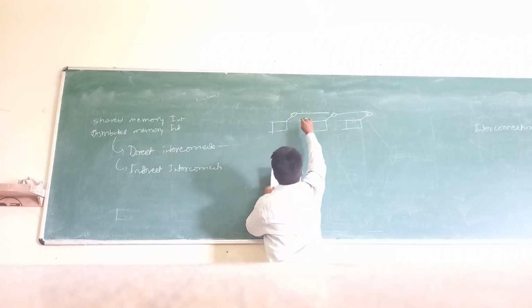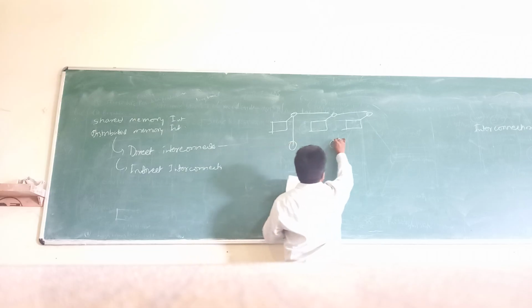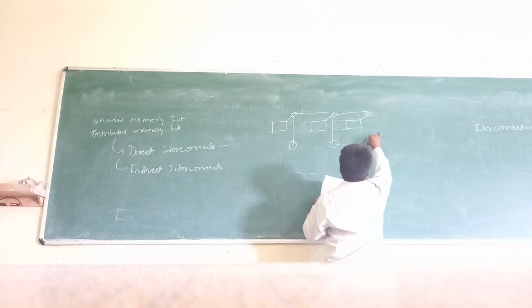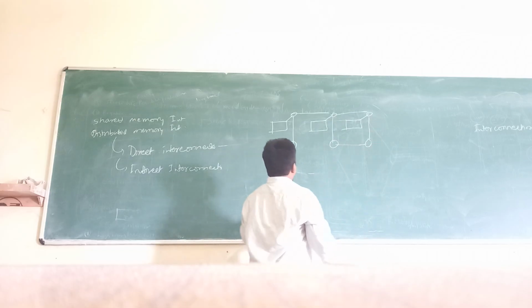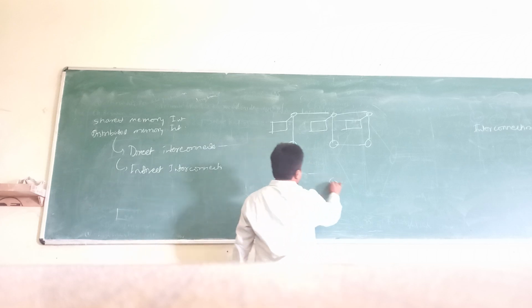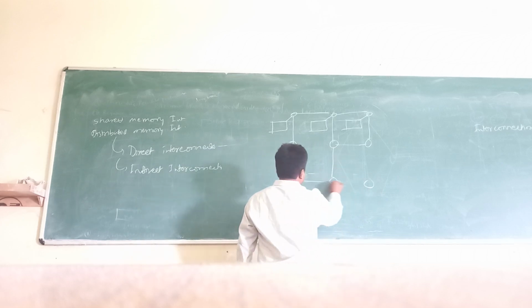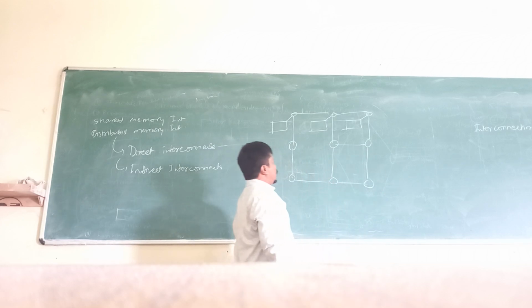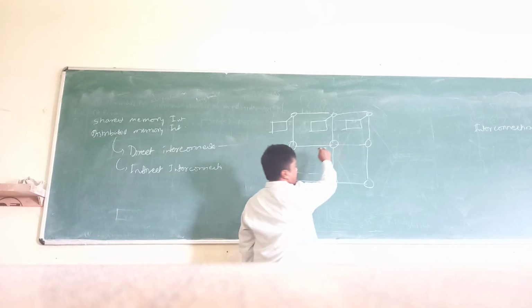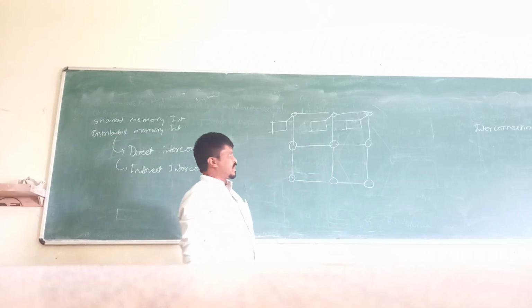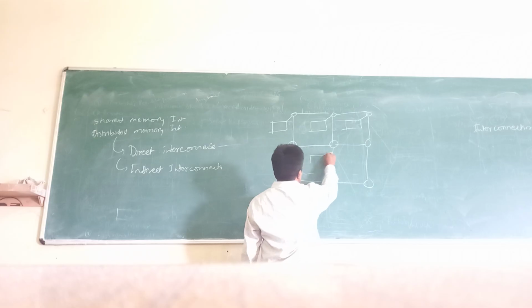Okay, just to copy the figure. These are the switches. I'll be connecting the switches with one another with the help of the links. Okay, links. These are the processors.